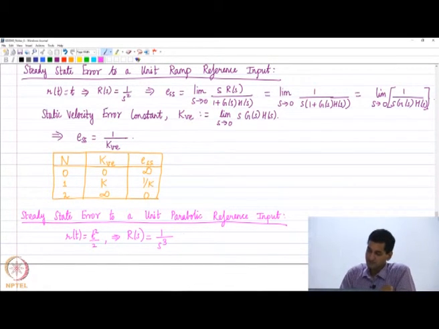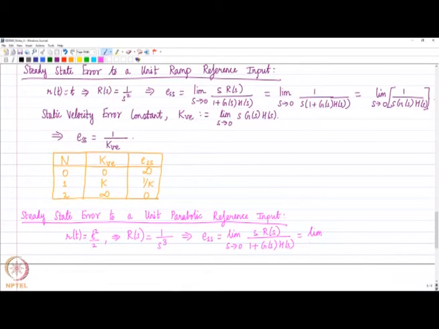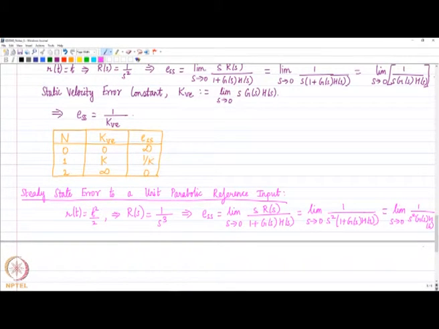Okay, so this implies that ESS, which is limit s tending to 0, s times r of s divided by 1 plus g of s h of s, is going to be limit s tending to 0 of 1 divided by s squared times (1 plus g of s h of s), which is equal to limit s tending to 0 of 1 divided by s squared g of s h of s. Okay, same process, nothing different.